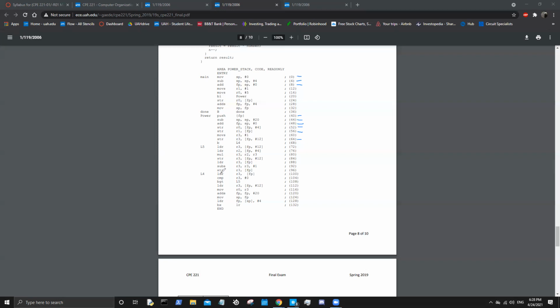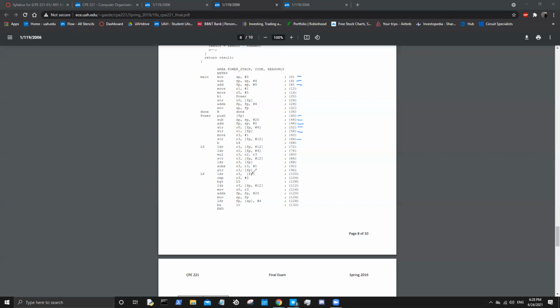We are at load register, LDR, load register with the frame pointer. So this, as far as I'm aware, does not affect the stack. Even though it has the frame pointer as part of it, this is a load command here. So what this is doing is taking whatever is specified at the memory location, in this instance at the frame pointer, and loading it into R3.